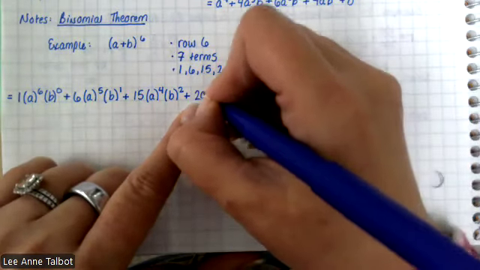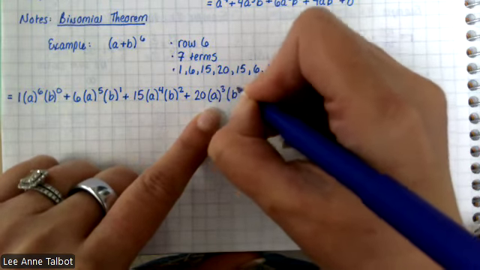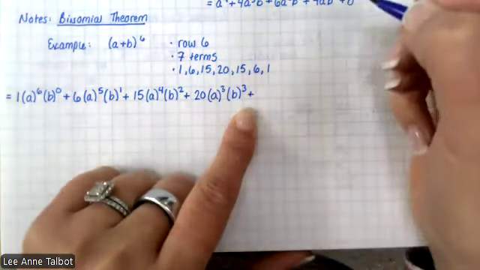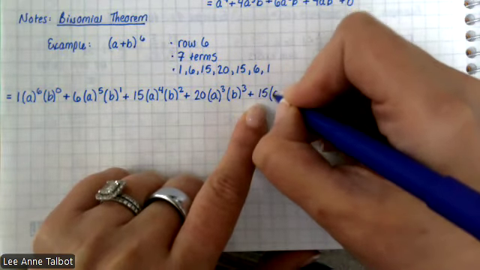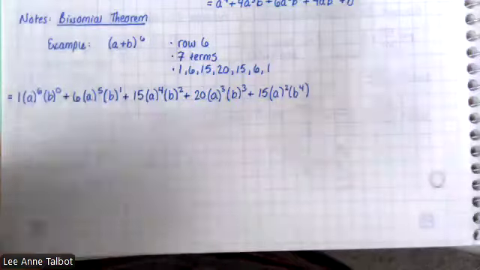20. Front seat down, back seat up. Next, 15. Front seat down, back seat up. I just wrote that wrong.